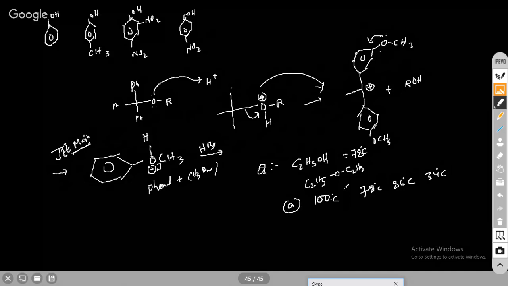Yeah. So when molecular mass increases, boiling point also increases, right?